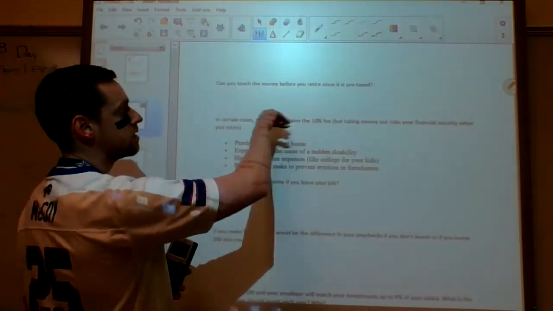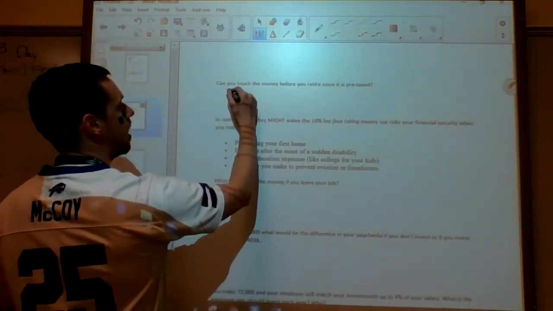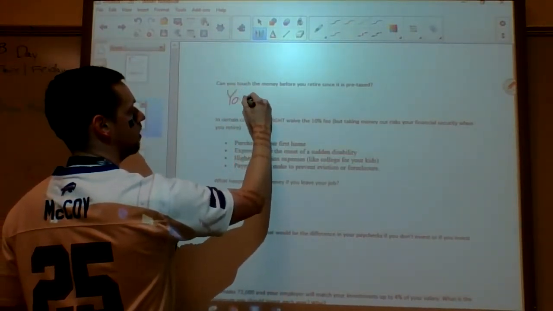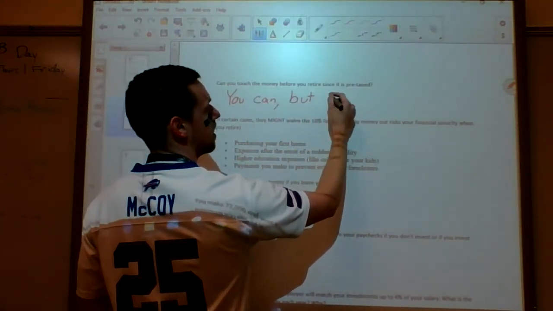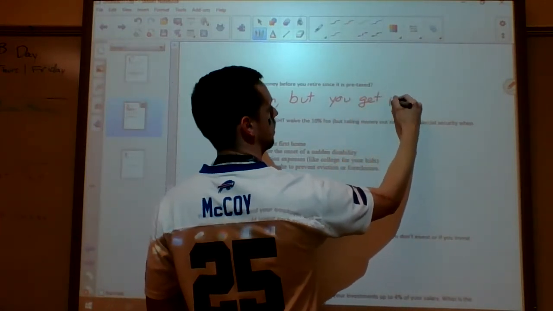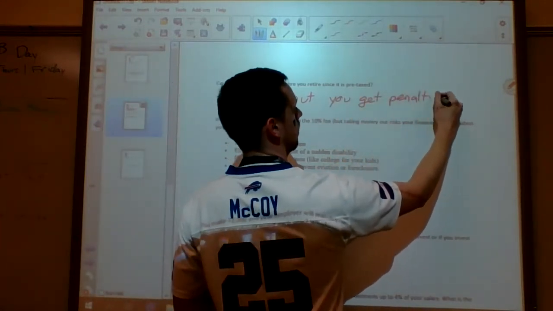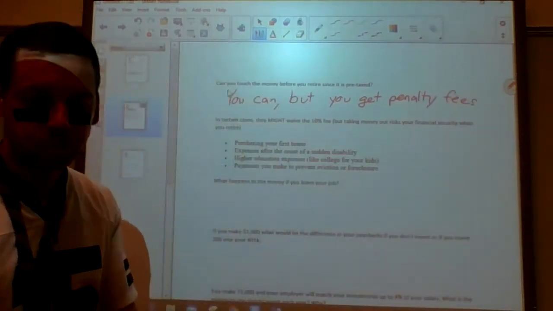You don't want to miss out on any of that. Right? So are you allowed to touch the money before you retire? You can, but it will be fined, or like a penalty fee. Right?